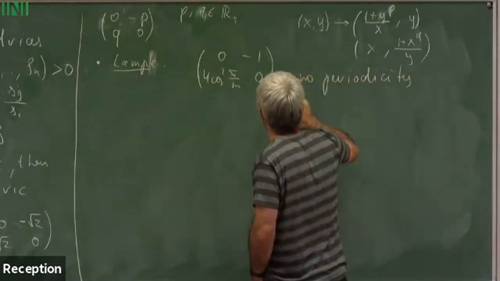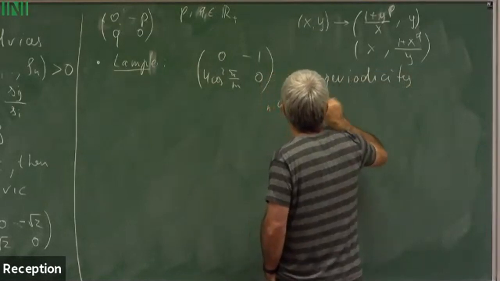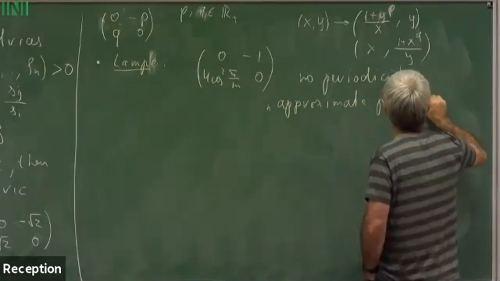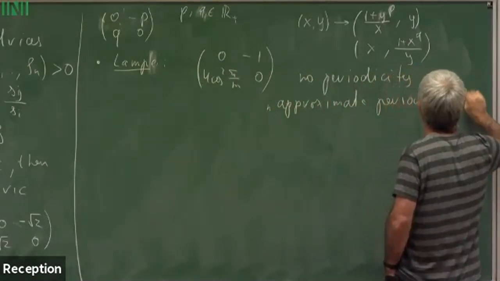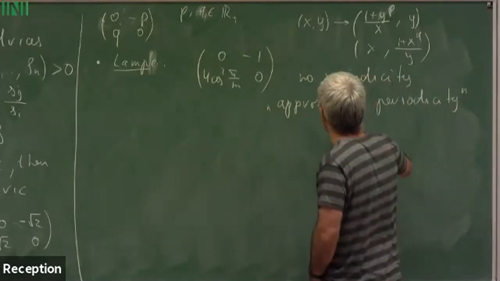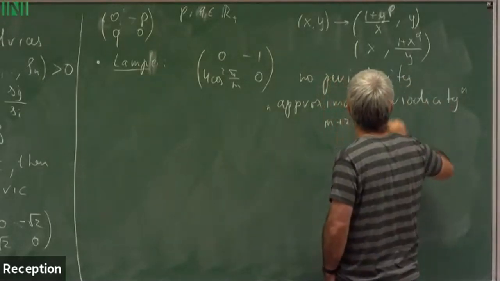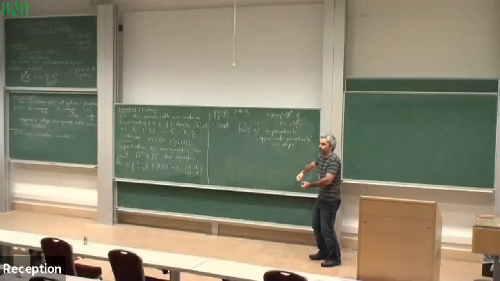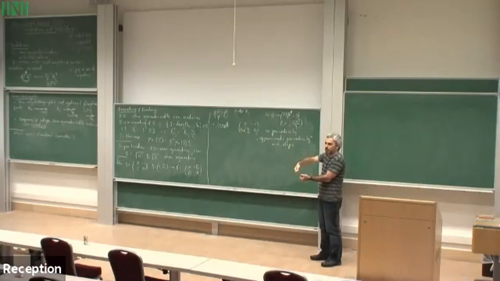Something like approximate periodicity. So that after n plus 2 steps, your x and y come very close to the initial, but not precisely the same.